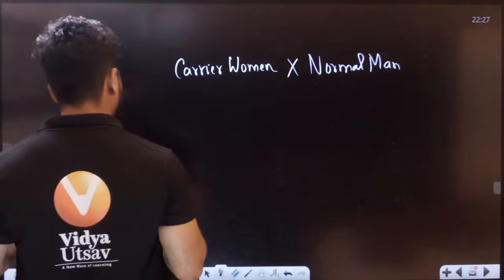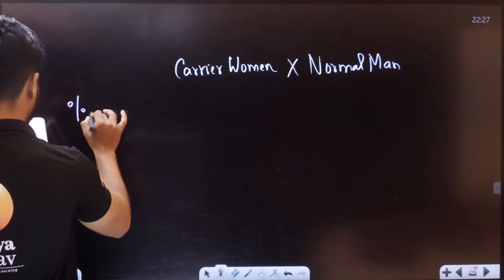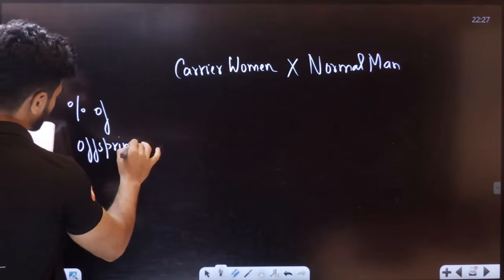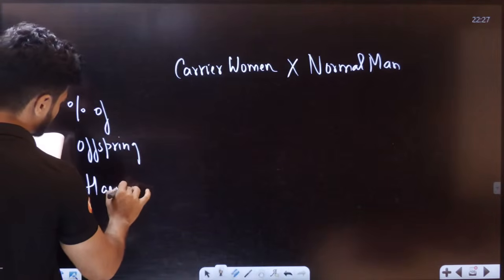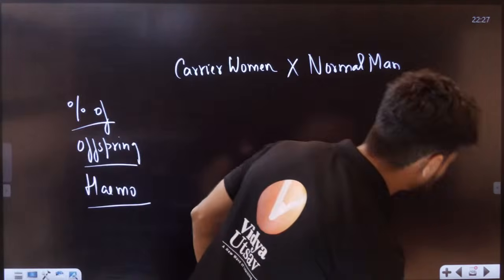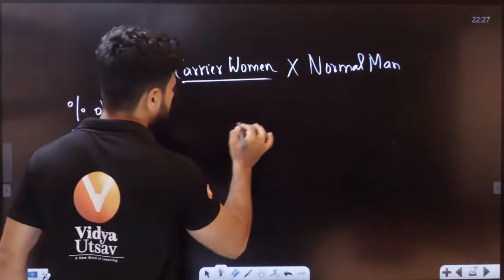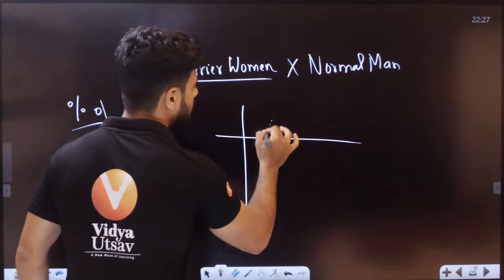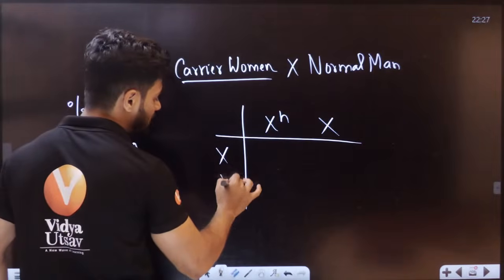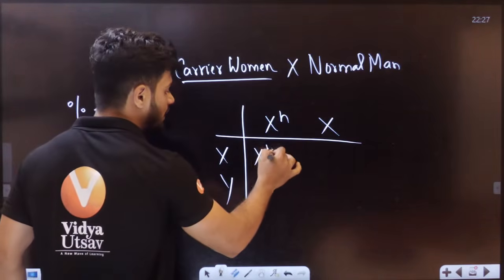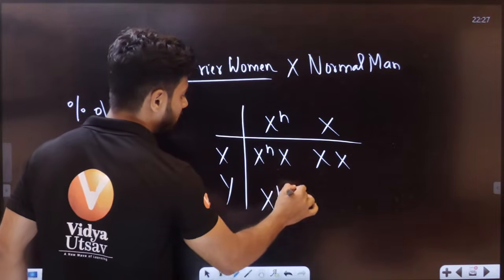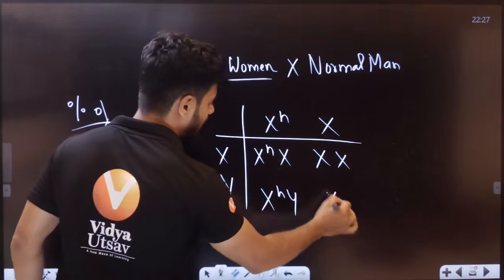Tell me the percentage of hemophilic offspring, students. See, a carrier woman has to be XHX, and a normal man has to be XY. What did we get here? XHX, XX, XHY and XY.